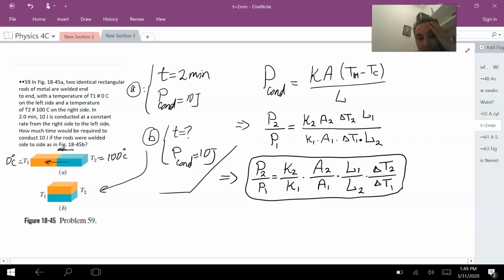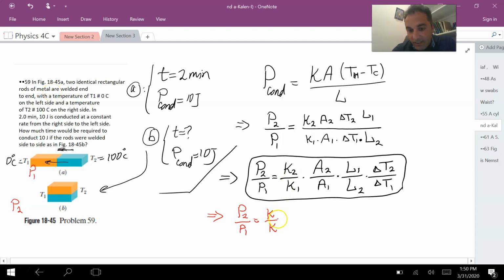Now, because we compare everything, let's find what the power is. Then we can find the time. Let's see how much the conductivity is in B. So this is P2, this is P1, okay? So I will say P2 over P1. K is the same because they are the same identical metal.